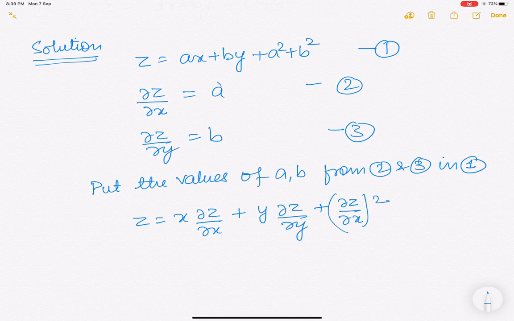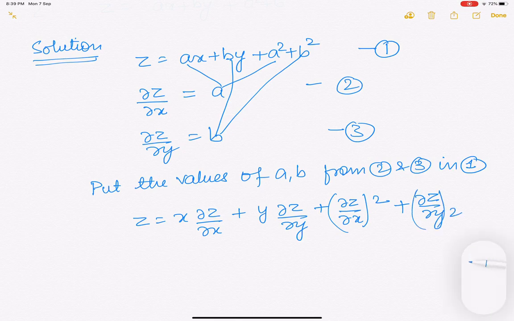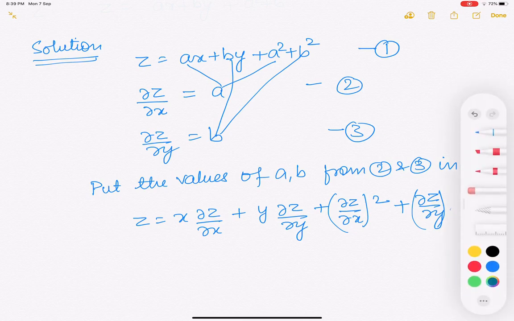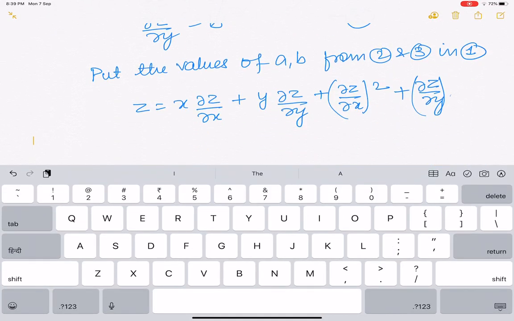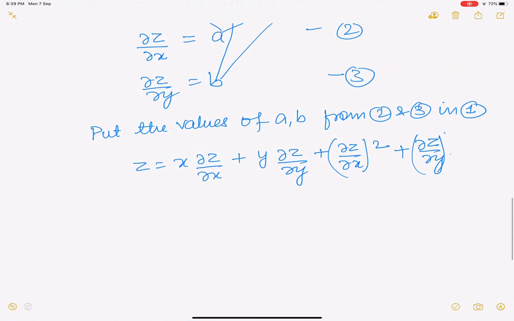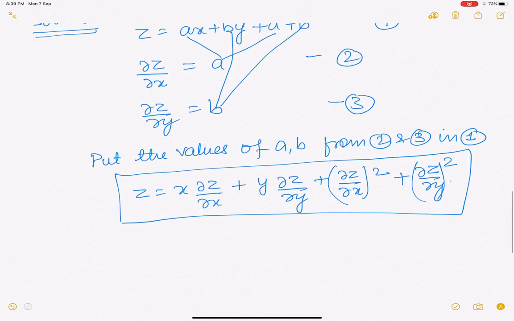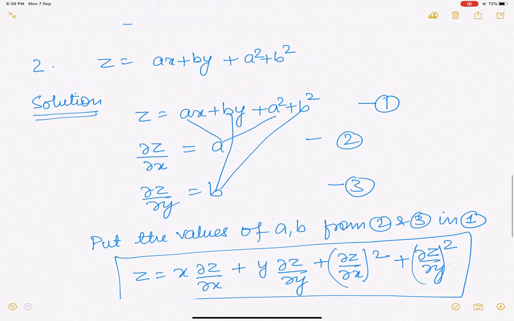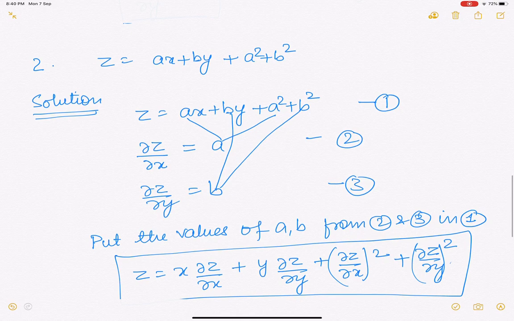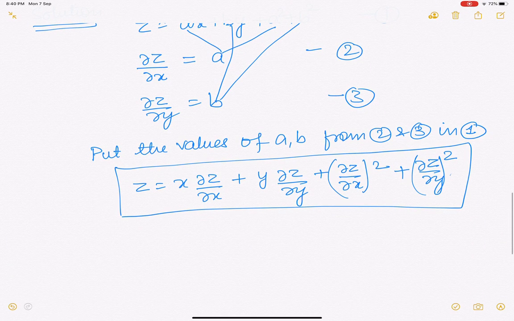What we are doing is putting the values of a here and similarly b here, plus del z over del y whole square. So this is our required solution. We have 2 arbitrary constants and 2 independent variables. That is why we are getting a unique solution.